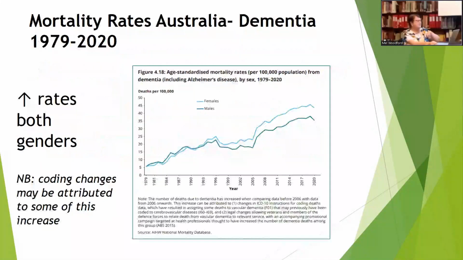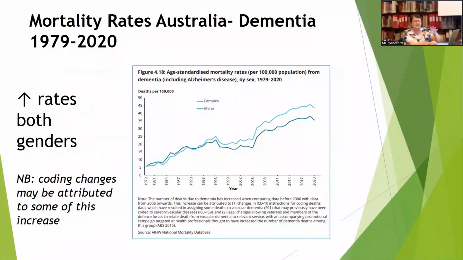Now, in relation to dementia, I just want you to be aware, I know that in this graph it looks like it really is increasing for both males and females, but we have to be aware that in 2006, there were coding changes. So we have to realise that most of us in this room won't get dementia, and most of us actually stay in our own home.